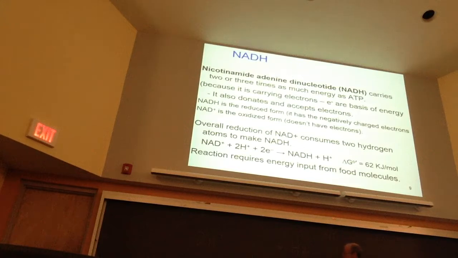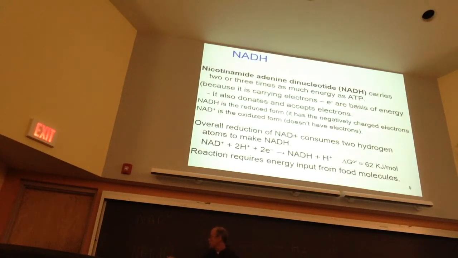In other words, there is the electron. To know where those electrons are and to know whether this NAD or NADH is reduced or not, whether it has the electron or not, is simply to track the hydrogen.